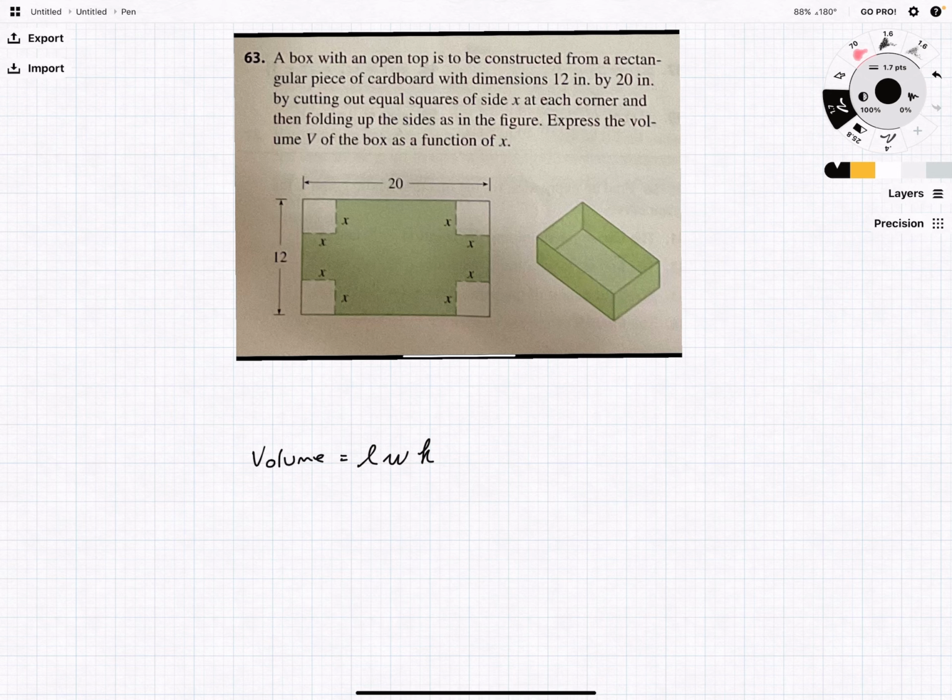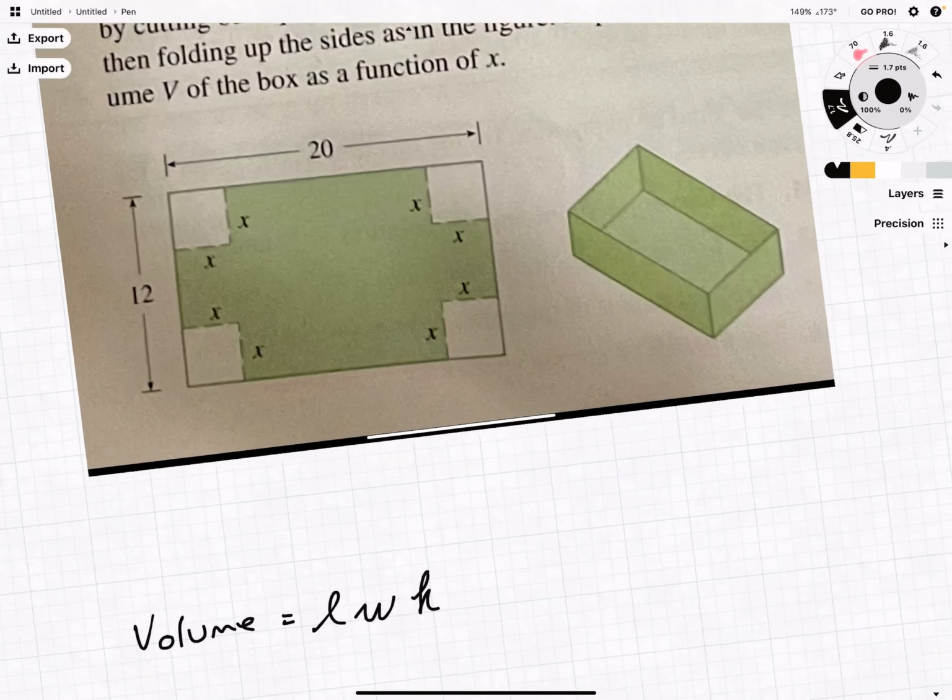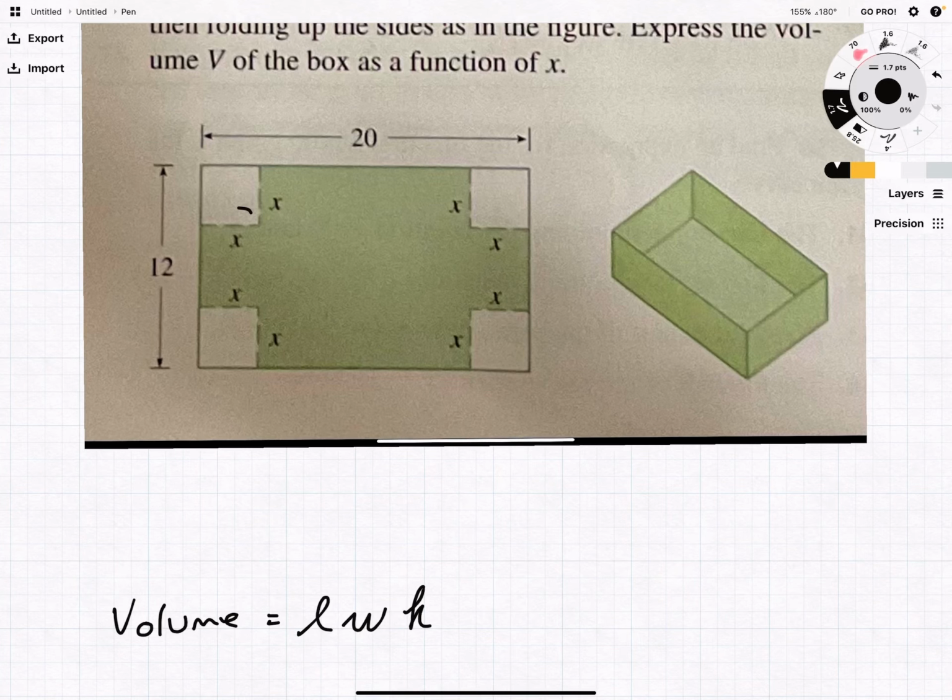We sort of have to imagine this in our mind. Unfortunately, there's not too easy a way to demonstrate it, but this x here, suppose we folded that up to make one of the sides, this side right here.